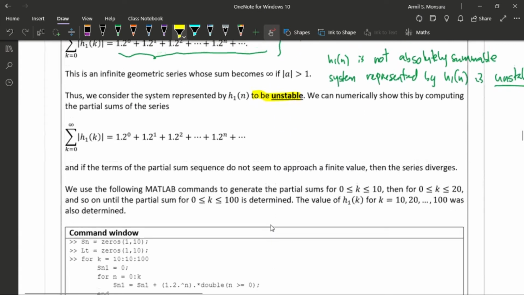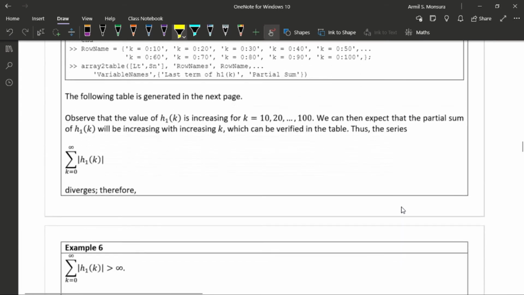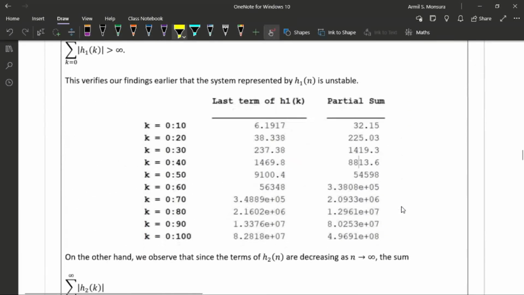So, we will be able to see na kapag kinumpute nyo yung partial sum nito, as we have learned in a previous course, the partial sum actually does not approach a certain value. So therefore, the series is a divergent series. So using MATLAB for that, ito yun.